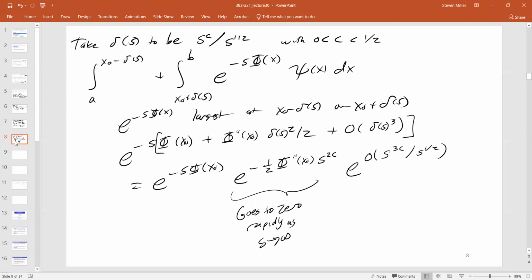And if c is large, does that bother us? Why? It could be going off to positive infinity, right? We do not want to have an e to a growing infinity. So what do we need about 3c?